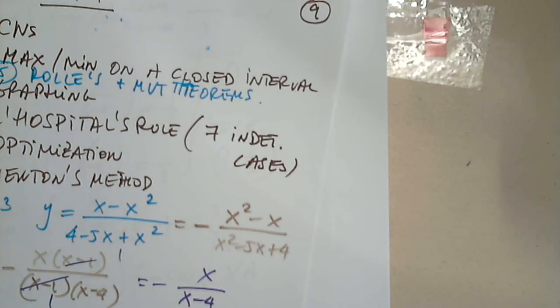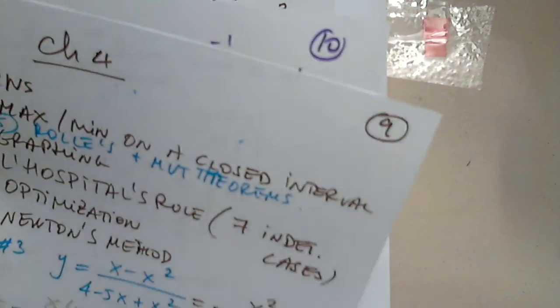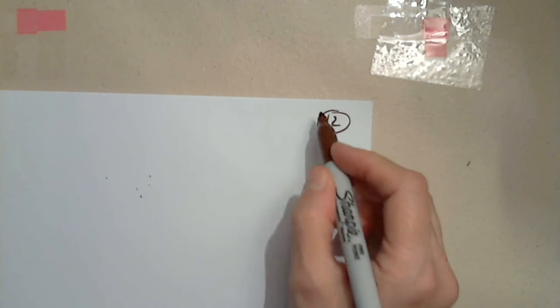So I guess we know it all chapter 4. We don't have anything else to look at. Maybe going back to like an example or two from Rolle's and mean value theorem. Very good. Our memory. Perfect.